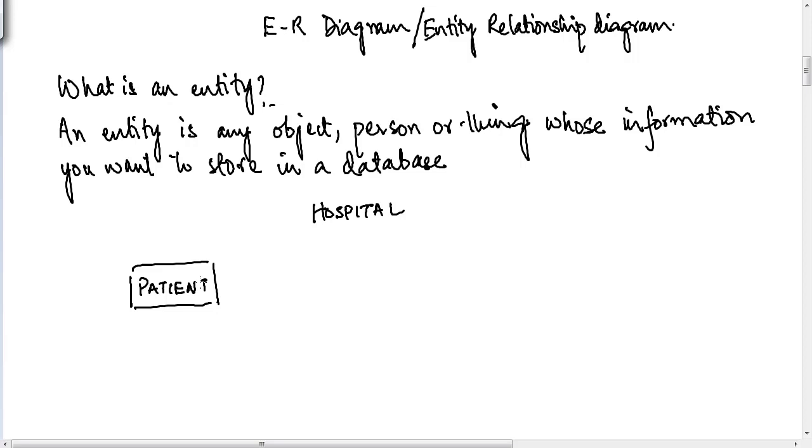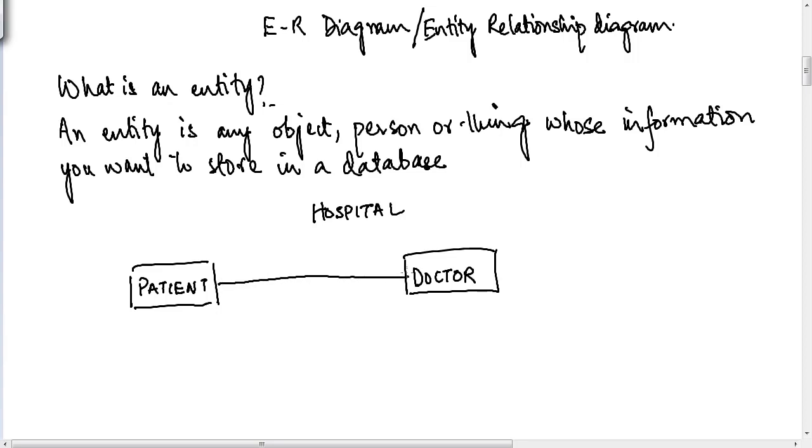Also, in this hospital scenario, we had decided that it was necessary to save information about a doctor. So a doctor is also an entity, and once again I'm going to draw a rectangle to show doctor as an entity. Now that we've drawn our two entities, we can show a link between them by using a line.